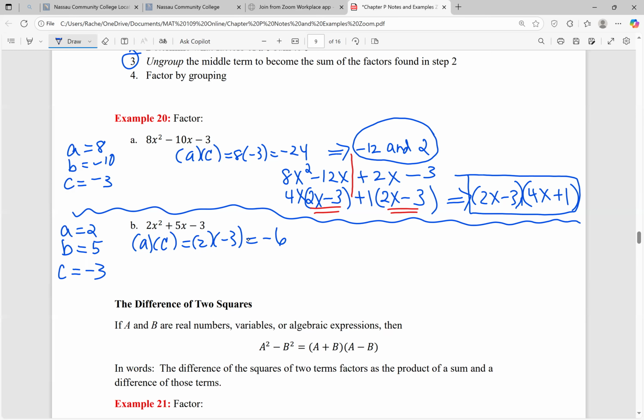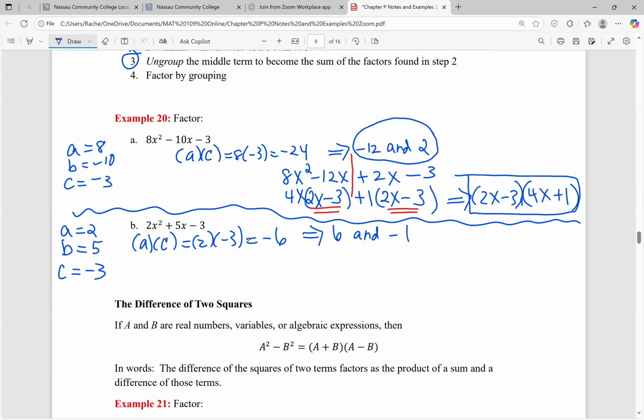So now I need to think of two numbers that multiply to negative 6, but are going to add to B, which is 5. So that's going to be a positive 6 and a negative 1, right? Because 6 times negative 1 is negative 6, but 6 plus a negative 1 is a positive 5.